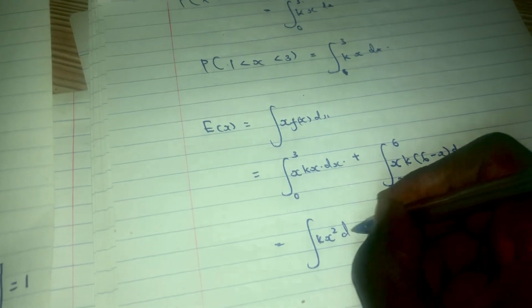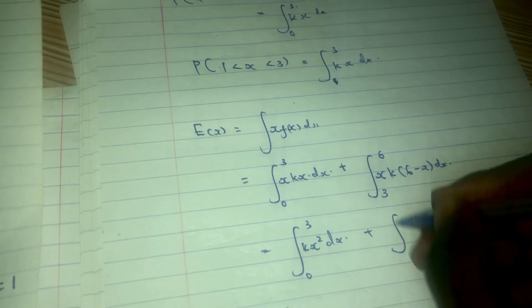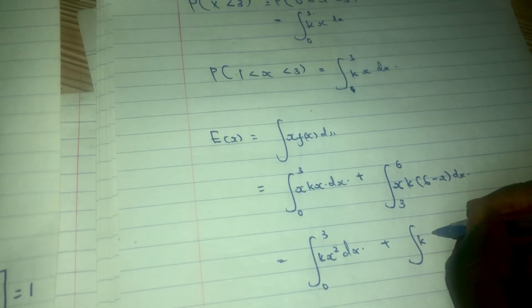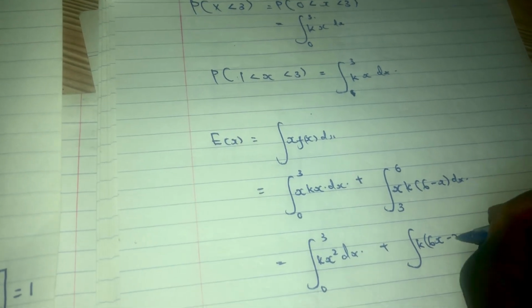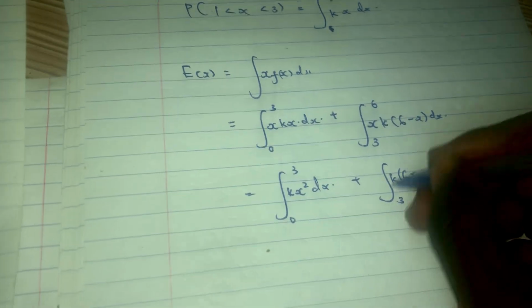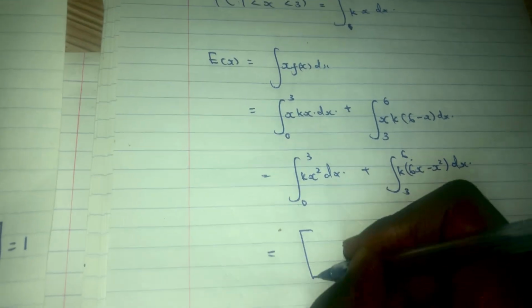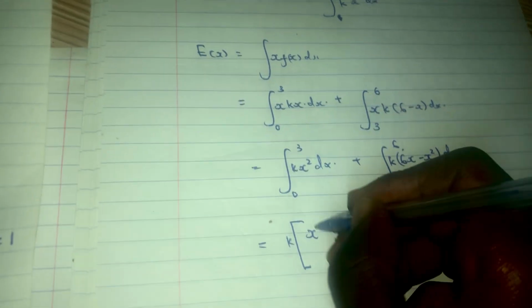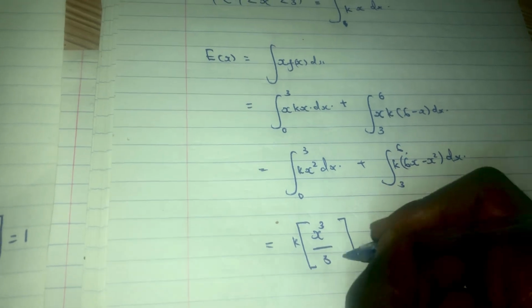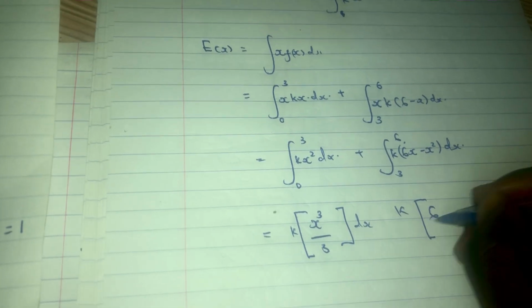So here that means we shall remain with integrating k. This will be x squared dx from 0 to 3, plus here this will be k into 6x minus x squared dx from 3 to 6. So this you also continue and do the same, because it is still the same. So this will be x to the power 2 plus 1, 3 over 3 dx, and this will be k into 6 into this will be, please try out these others.